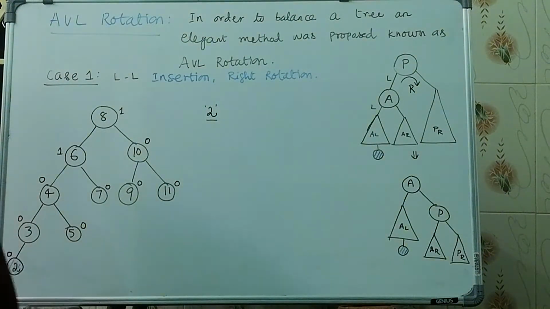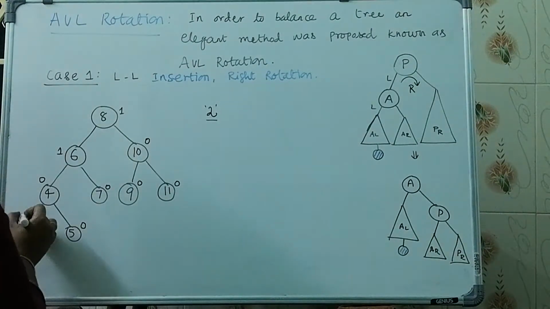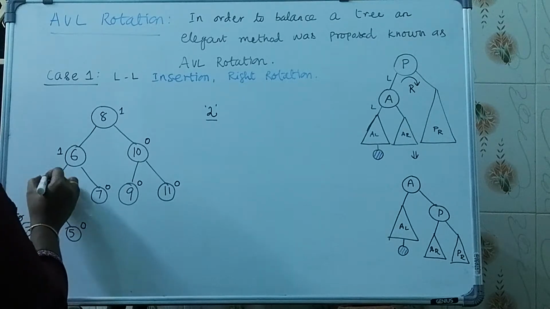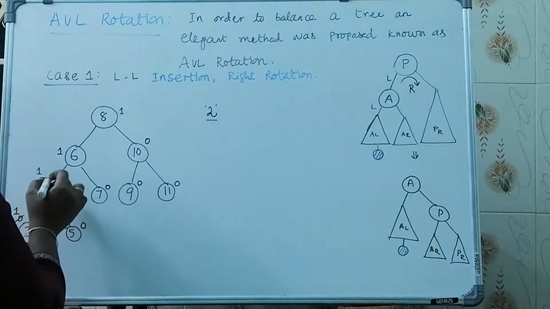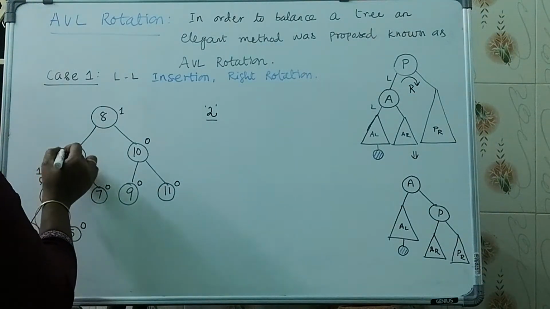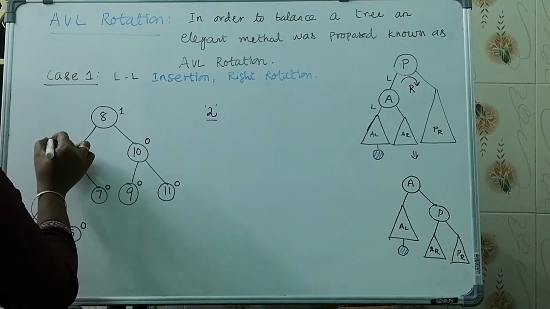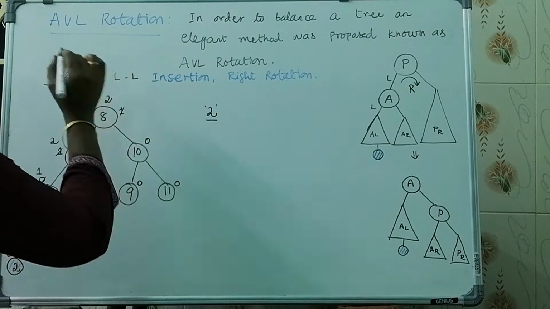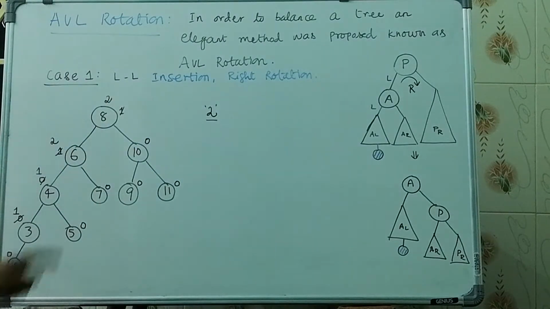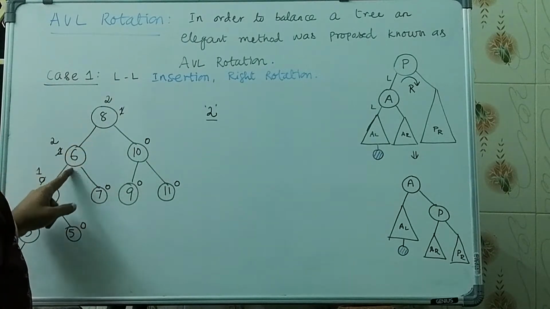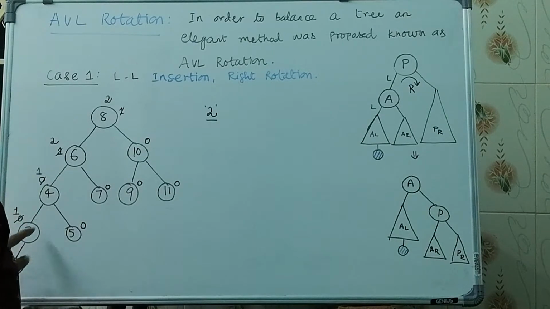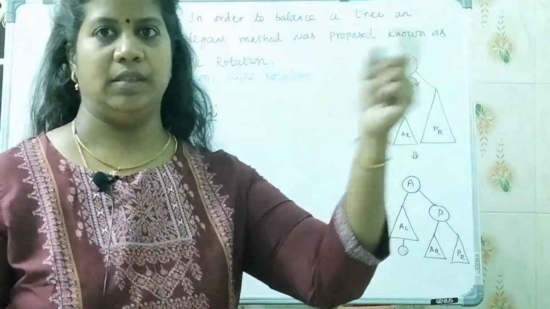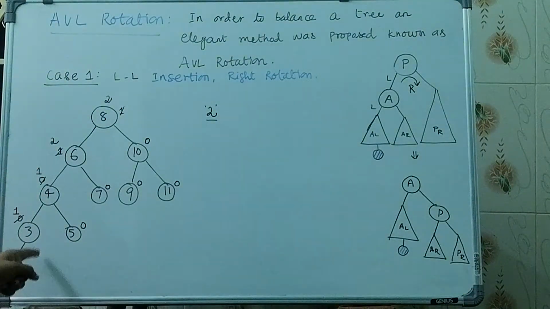For this node it is 0, and for this node, earlier it was 0, now this is 1, now this is 1. Now the balance factor for the node 6 is 2, and now the balance factor for the node 8 is 2. Now you note down, as we already discussed, that in whichever path the new node gets inserted, only on that path does the balance factor get affected.